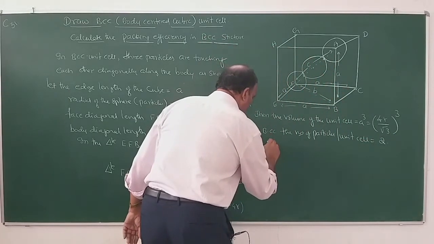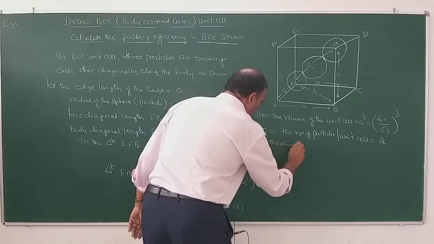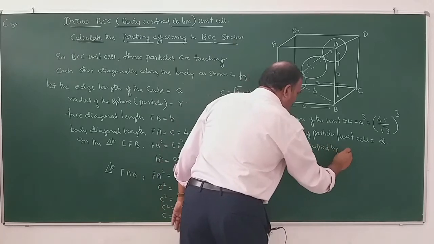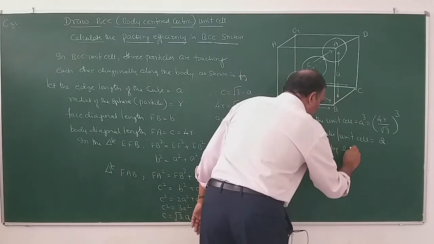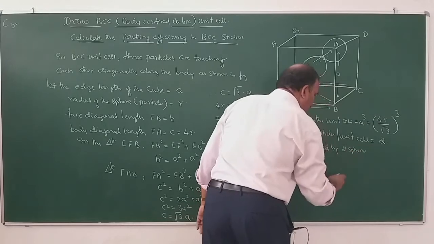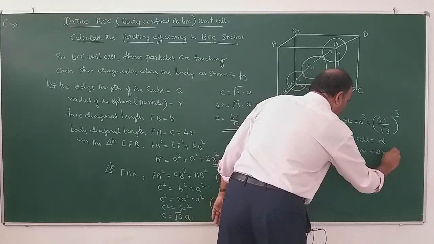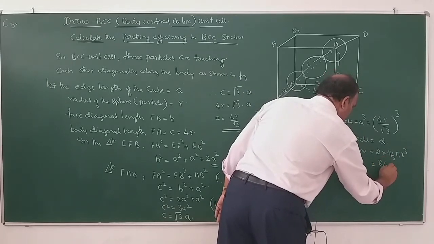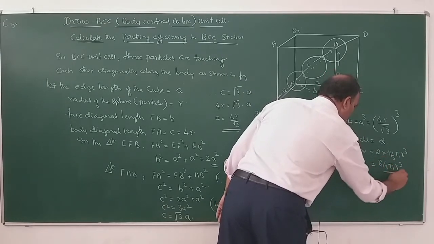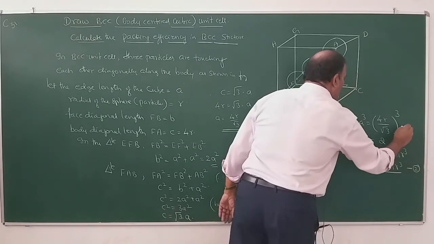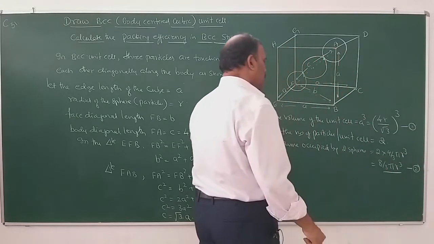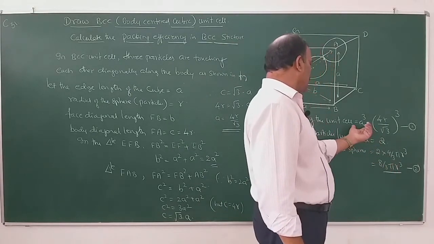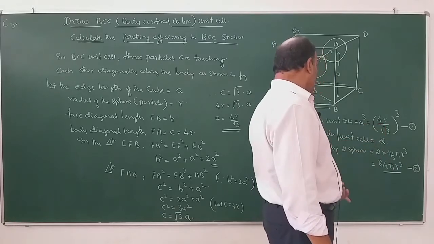Therefore, the volume occupied by 2 spheres, here spheres are particles, is equal to 2 into 4 by 3 pi r cube, that equals 8 by 3 pi r cube. This is equation number 2 and the earlier equation is 1. So here you got the volume occupied by the particles.